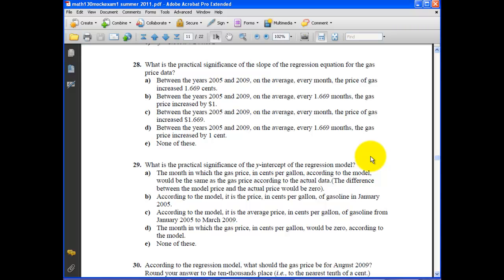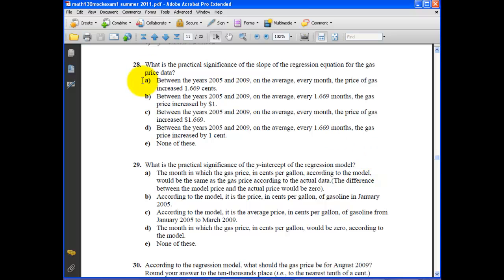In this particular case, the y values, the response variable values, are cents per gallon, or cents, and the x variable, the explanatory variable's units, would be months.